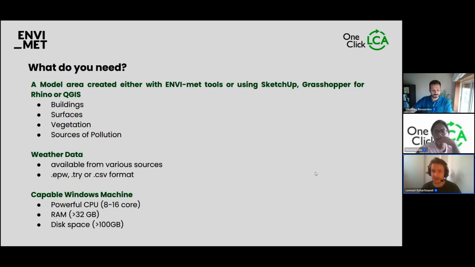You can run your own simulations on your personal laptop, for example. That's perfectly fine to do, so it works on a normal business machine. But what we recommend is that your simulation machine has a powerful CPU, something like an Intel i7 or Ryzen 7, Ryzen 9, Intel i9. Something like that is very useful for ENVI-met simulations, with 8 to 16 core processors.